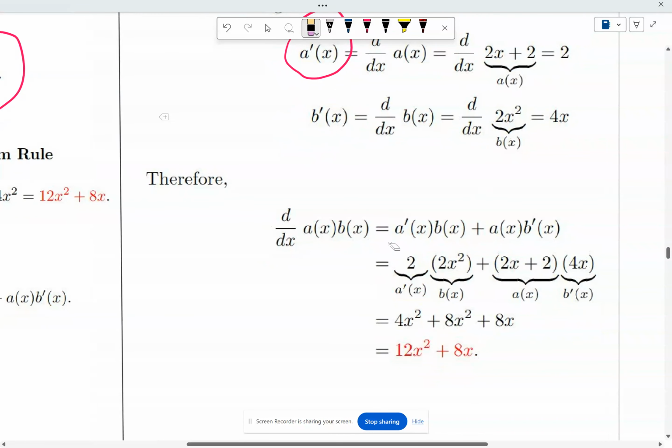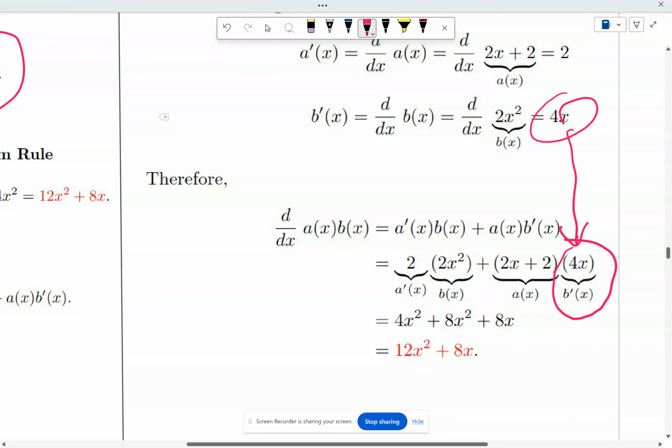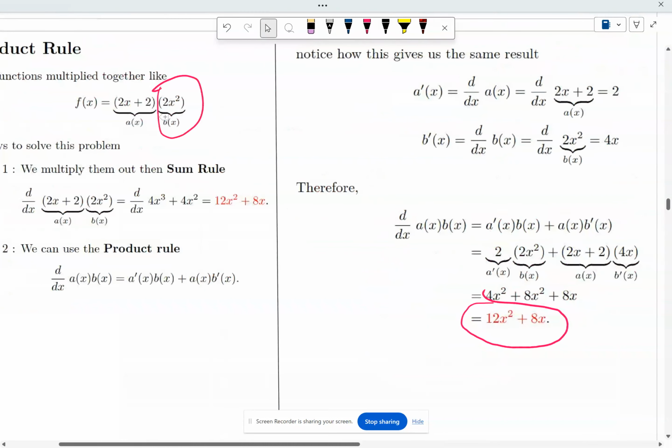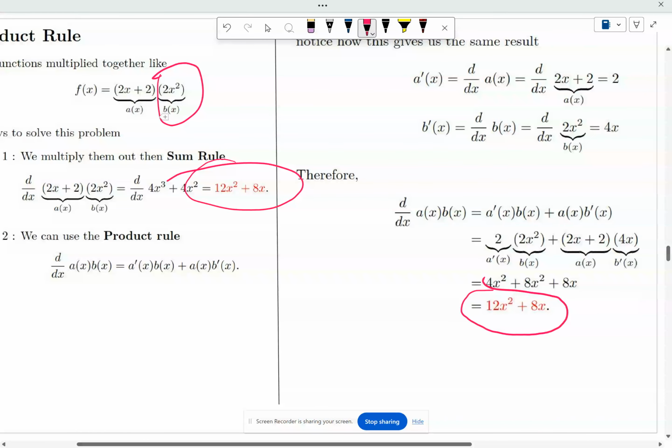And then b, the function b, is 2x, right? That's b. And then we'll take the function of a, which is this, and then multiply by the derivative of b, which is 4x. Now, if we multiply all these out, we will get this result, which is identical to what we solved previously when we simply multiplied them together and used the sum rule.